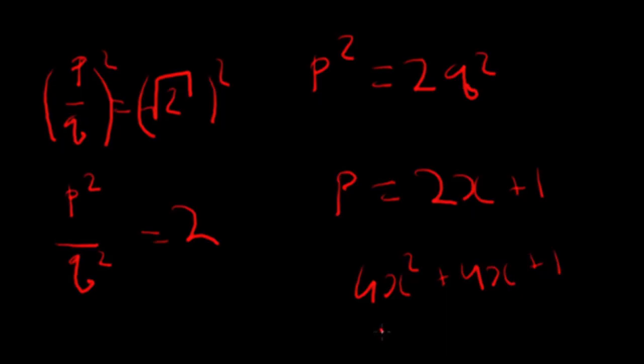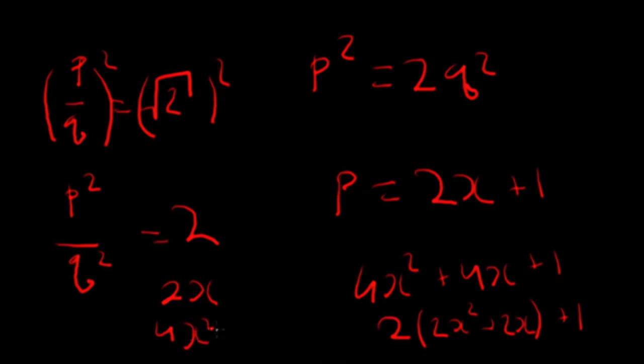This is the same thing as writing 2 times (2x squared plus 2x) plus 1, which is odd. Now, of course, if you take some even number, the definition of an even number is just 2 times some integer x, squaring it you get out 4x squared, or 2 times 2x squared, which is even.